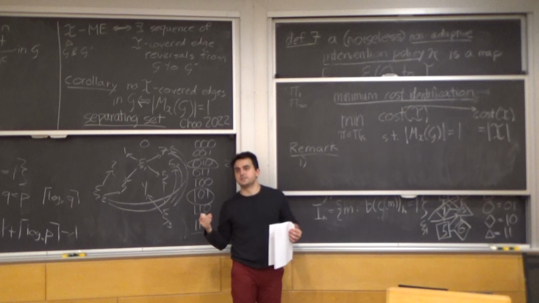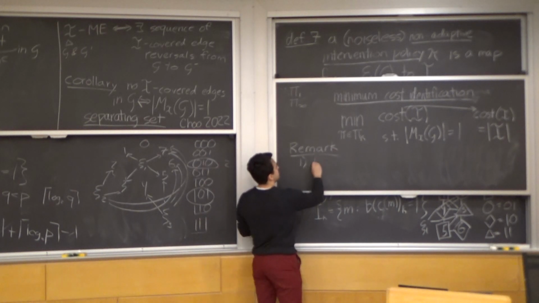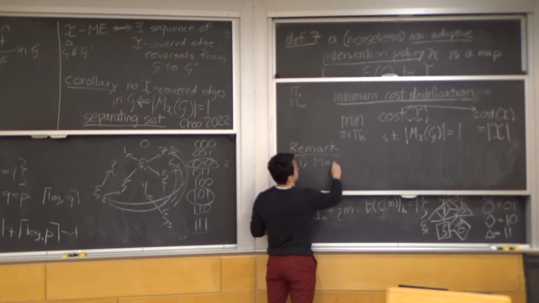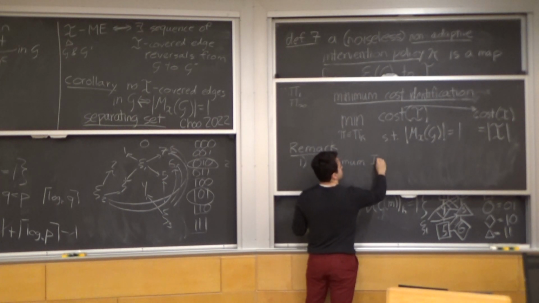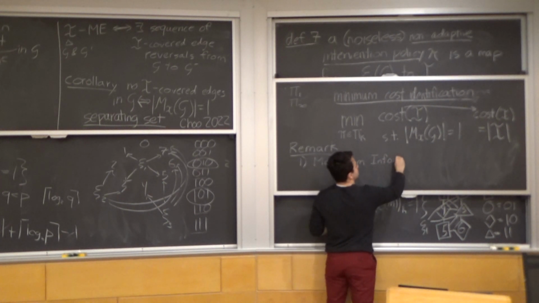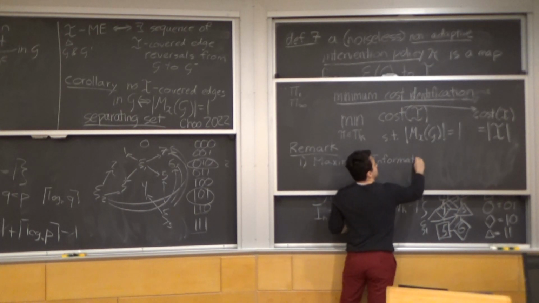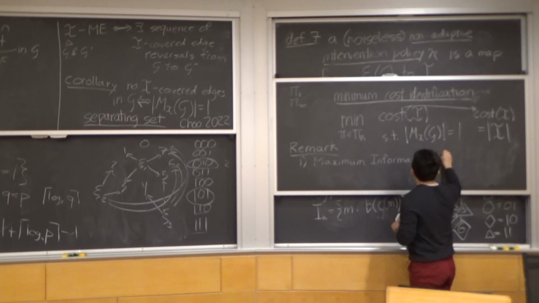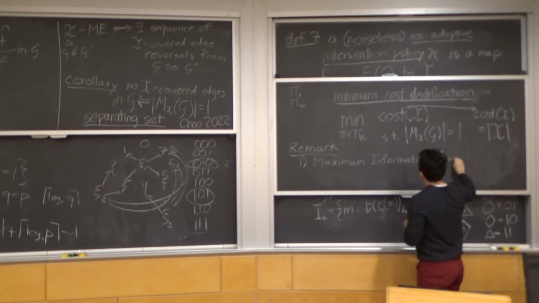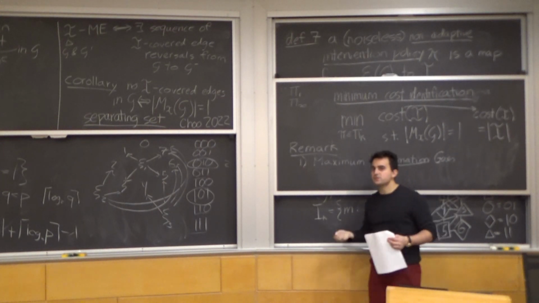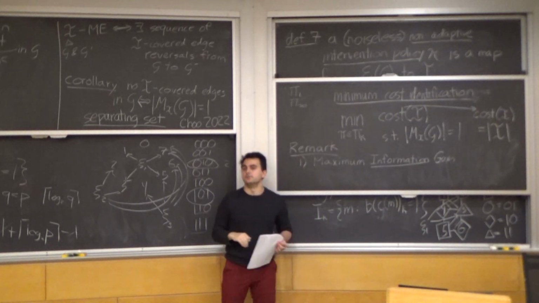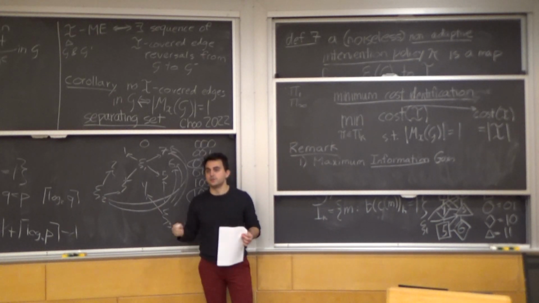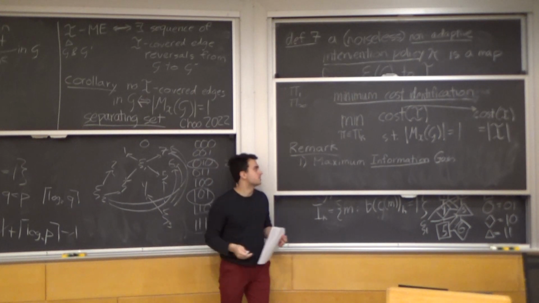In this case, you have to figure out what your measure of information about the graph is. So I was saying number of edges. You could also say the size of the final interventional Markov equivalence class.